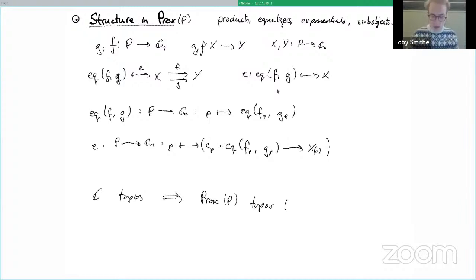So, I mean, I hope that by sketching it for equalizers, you get the idea for the other bits of the structure as well. So that's quite nice. So this is starting to get towards the kind of thing that I wanted. Of course, we don't have the randomness, and we don't have various parameters.